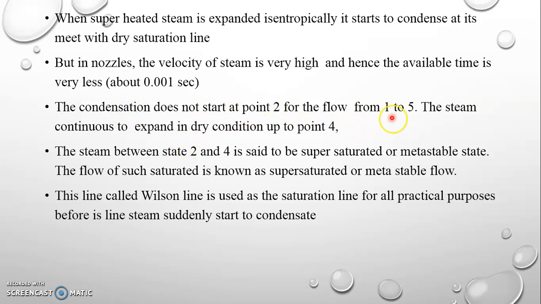For the flow from 1 to 5, the steam continues to expand in dry condition up to point 4. The steam between states 2 and 4 is said to be in a supersaturated or metastable state. The flow of such steam is known as supersaturated or metastable flow. This line is called the Wilson line, and it is used as the saturation line for all practical purposes. Before this line, the steam suddenly starts to condense.